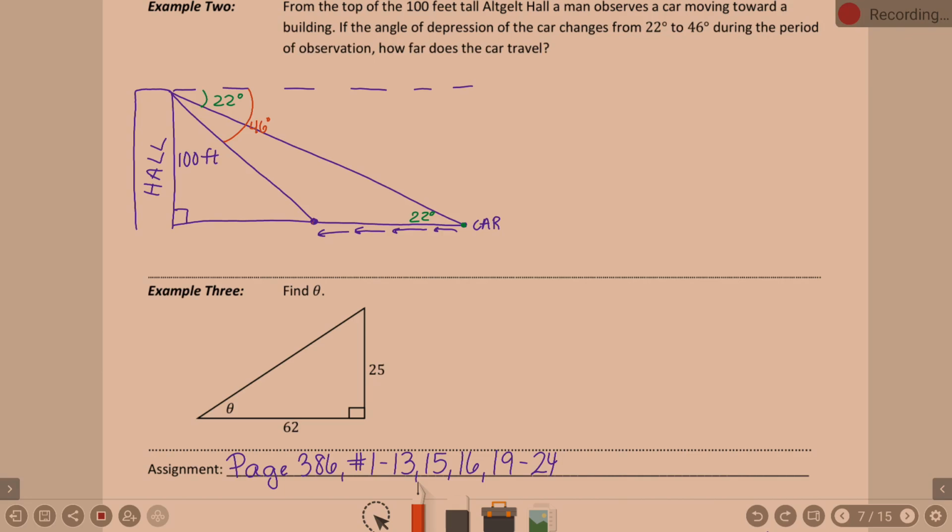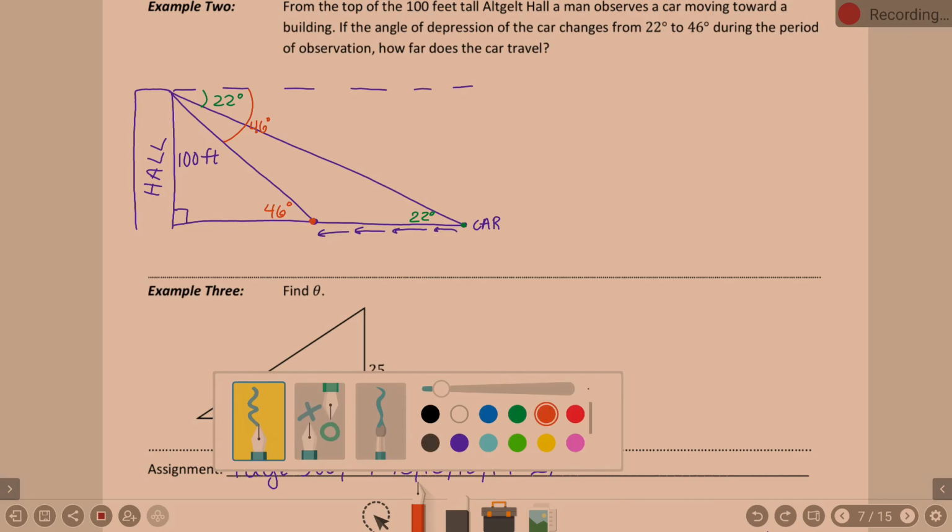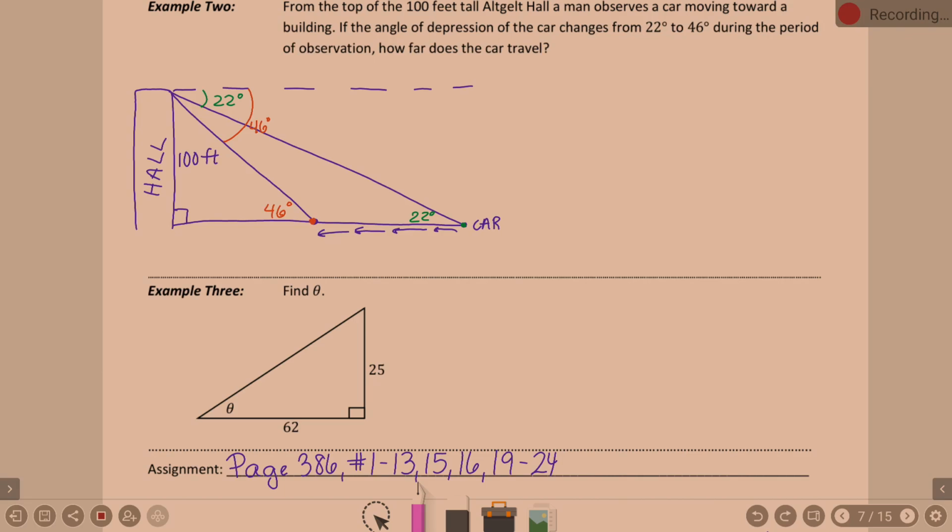Where the car arrived secondly is 46 degrees. Are you there? Now, the question is, what are they asking? So far as the car travel, it'd be the base of that farther out triangle. How far does the car travel?